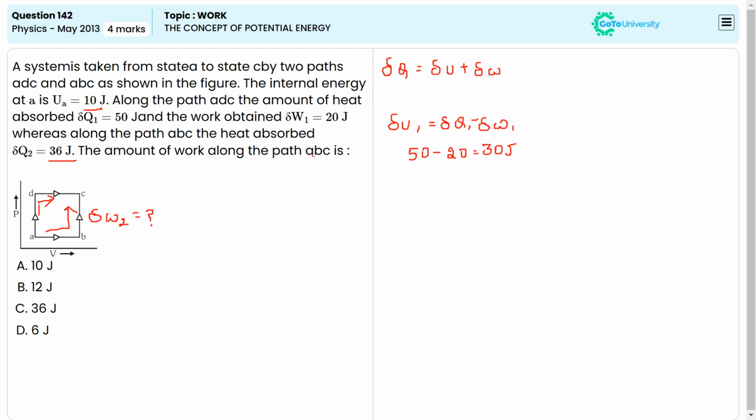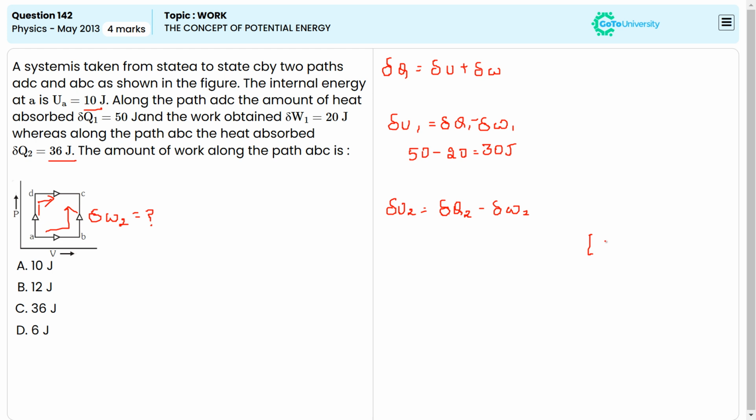Then along the path ABC, the change in internal energy, delta U2, is equal to delta Q2 minus delta W2. We don't know the value of delta U2, but the change in internal energy is path independent, it is a state function, so delta U1 is equal to delta U2.